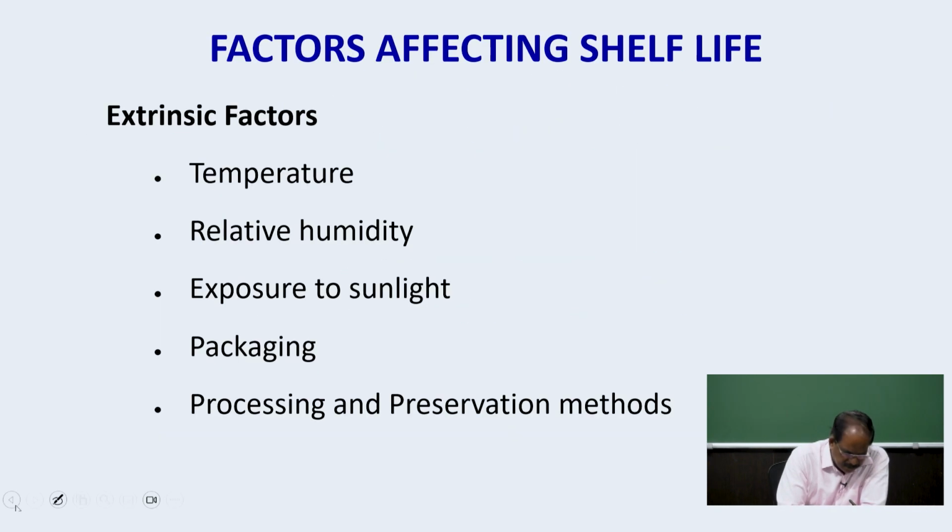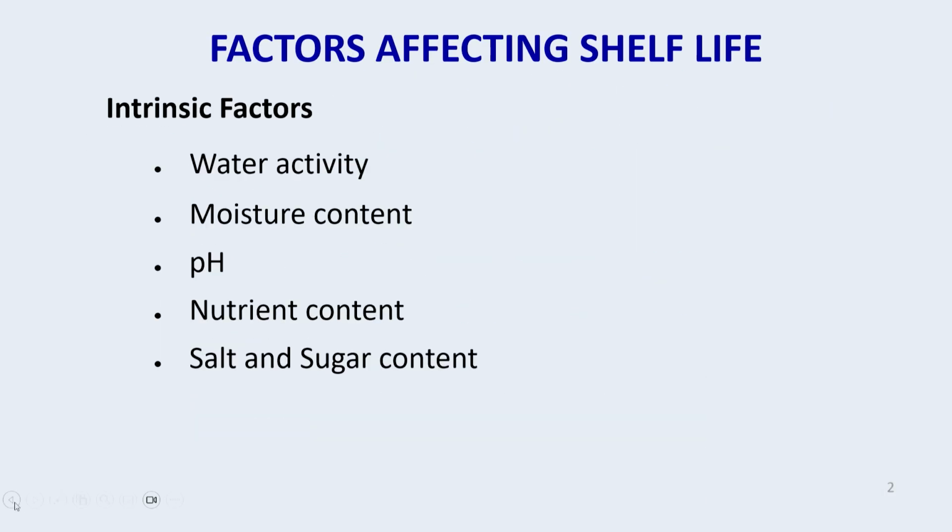So these are all the 5 intrinsic factors. To summarize, the water activity is the amount of free water available for the microorganisms to grow. It is represented by the letters aw. The water activity level varies from 0 to 1. Next one is the moisture content. It differs from the water activity.